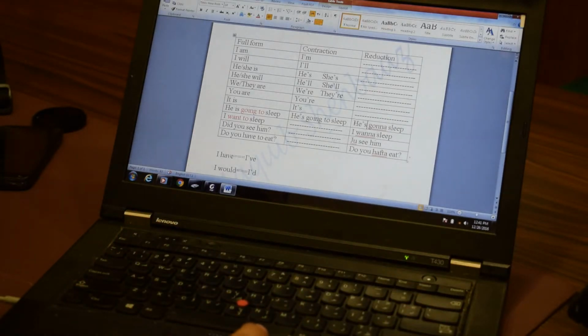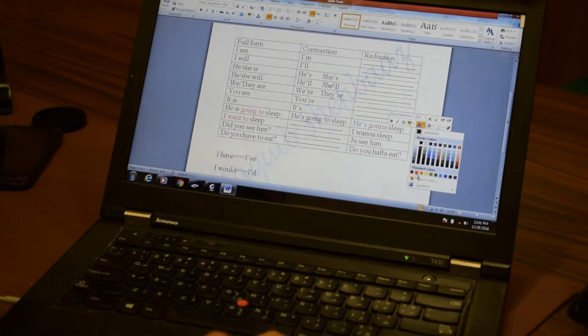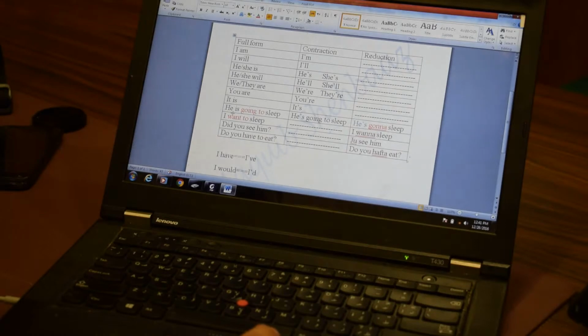Now this sentence has both contraction and reduction. I'll show you the contraction in blue and the reduction in red. So you see he's is a contraction which is in blue, and gonna is in red.